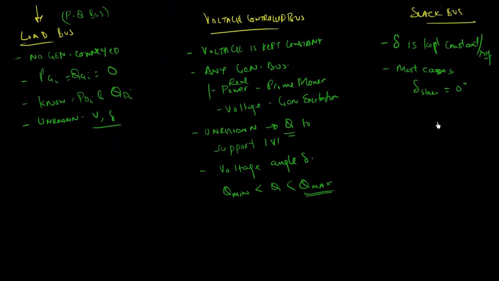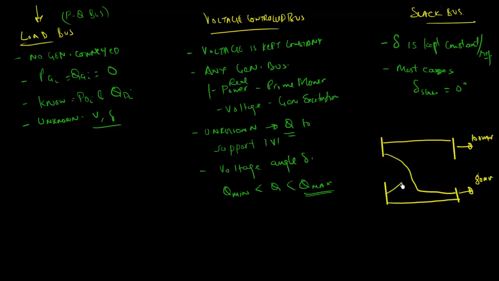Another thing to keep in mind in a slack bus, so let's just imagine you have a 4 bus system here. These 2 buses have a load. Let's say this is 100 megawatts, this is 80 megawatts, and you have a connection here, here, and here, and these 2 buses have generators connected to them.